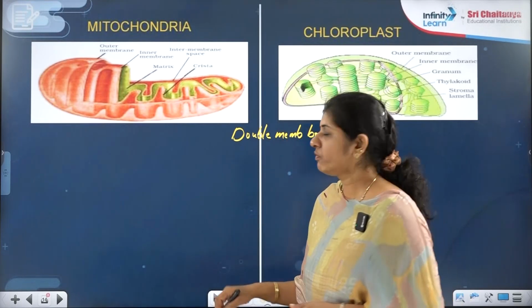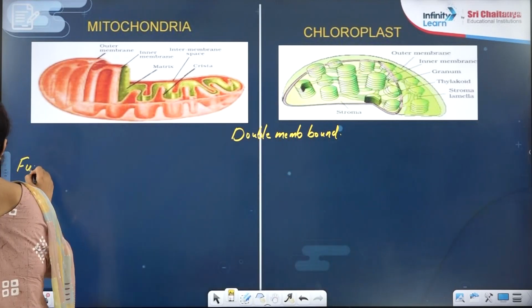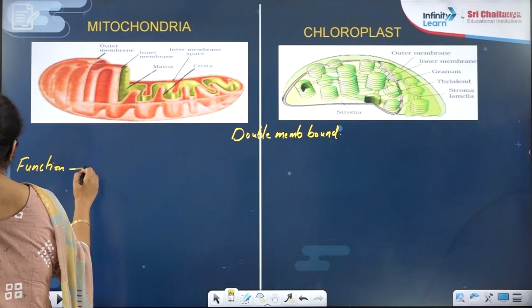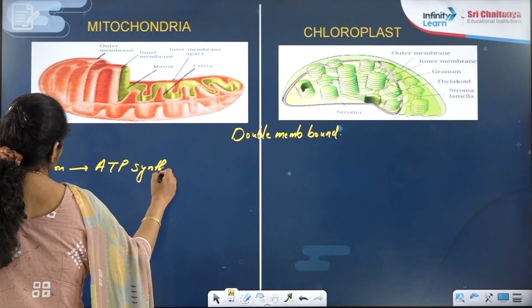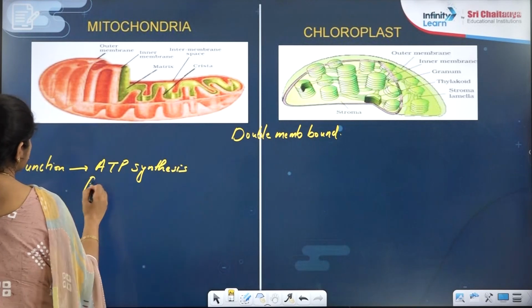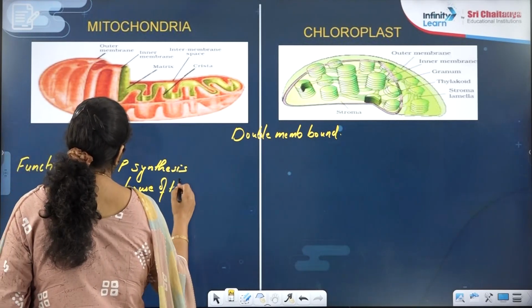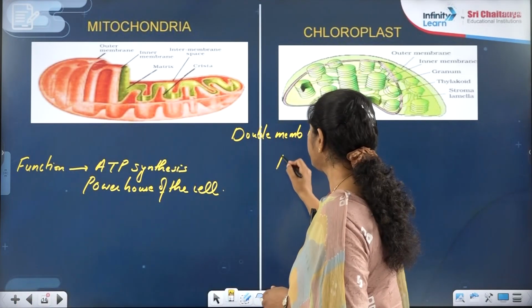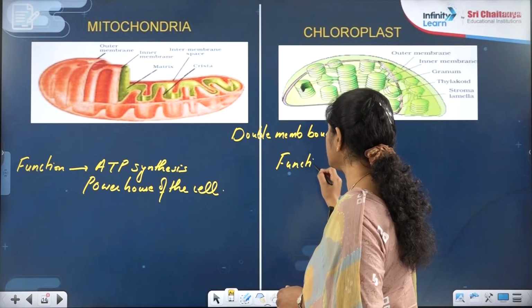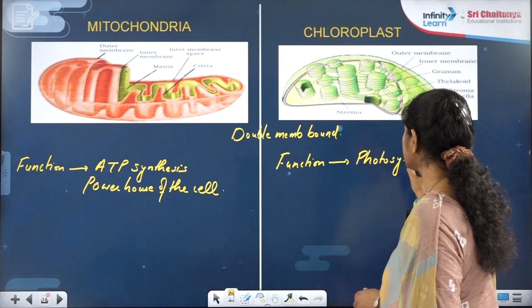But in the case of mitochondria, the main function is that it helps in ATP synthesis. That's why you call it the powerhouse of the cell. But the chloroplast's function is photosynthesis.